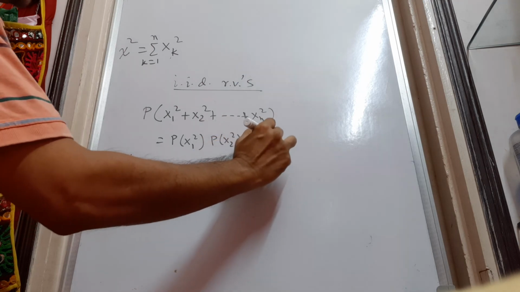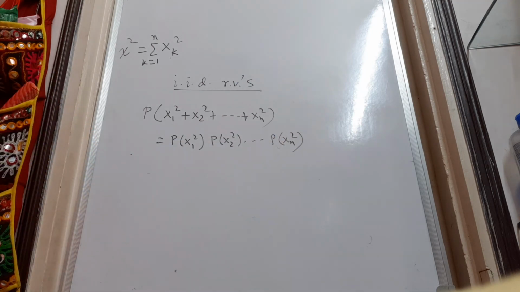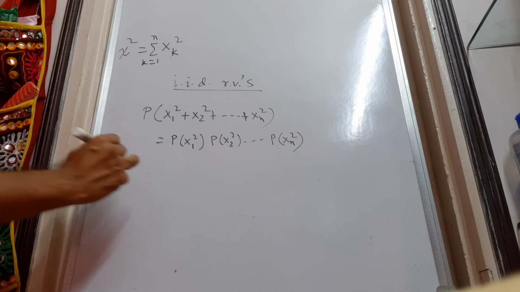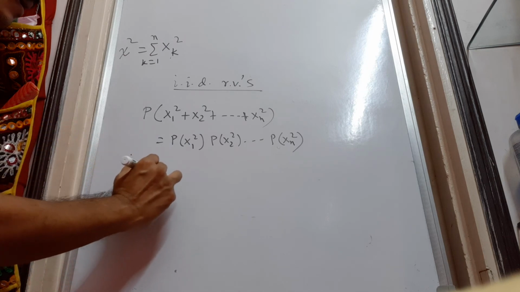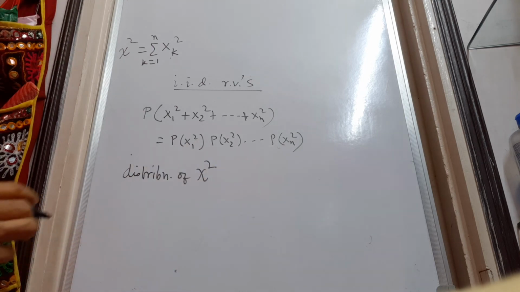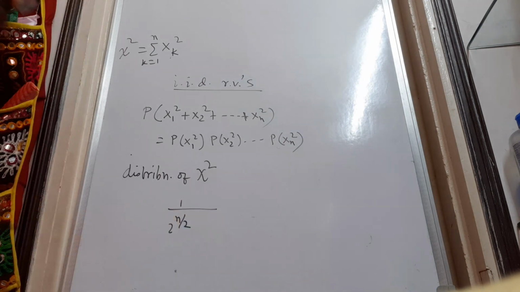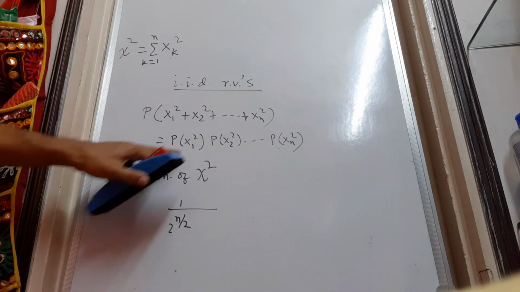This is termed the additivity theorem, and we have the distribution of chi-square as obviously 1 by 2 to the power n by 2. This is multiplied.